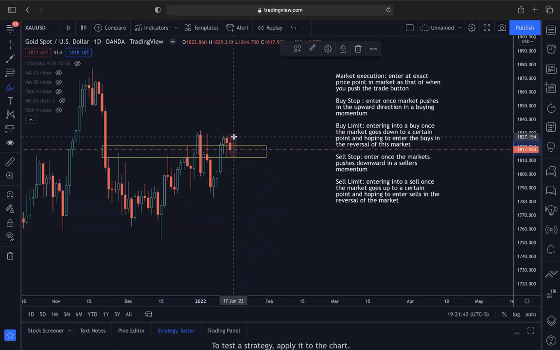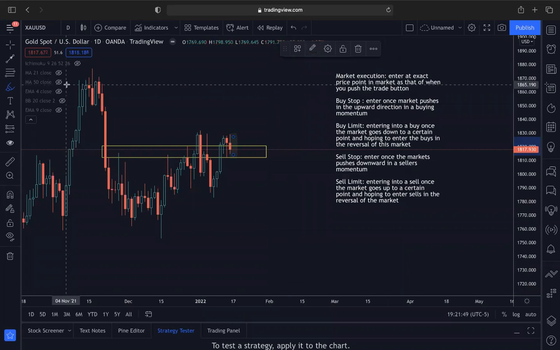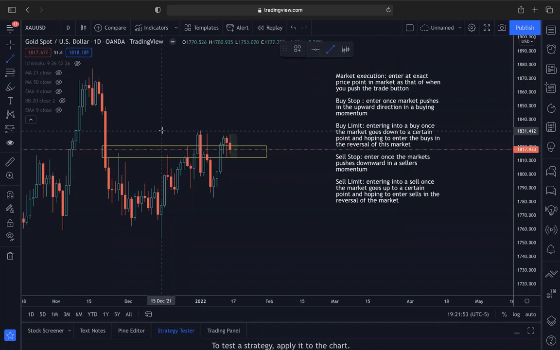And now we get a buy candle that prints in that direction. But we want to make sure that we clear this previous area of resistance.